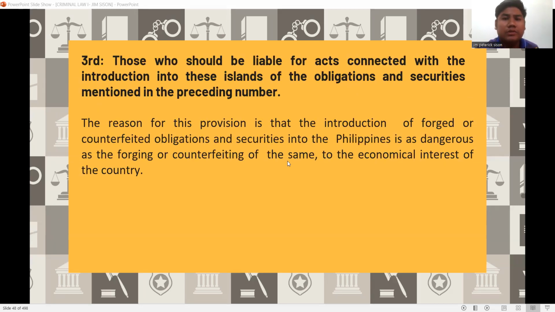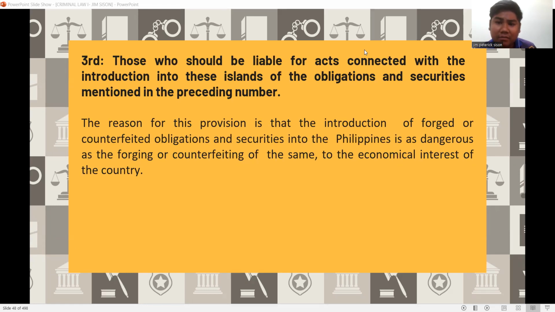Third, those who should be liable for acts connected with the introduction into these islands of the obligations and securities mentioned in the preceding number. Preceding number meaning number 2. So what's the reason for this provision? The introduction of forged or counterfeited obligations and securities into the Philippines is as dangerous as the forging or counterfeiting of the same.